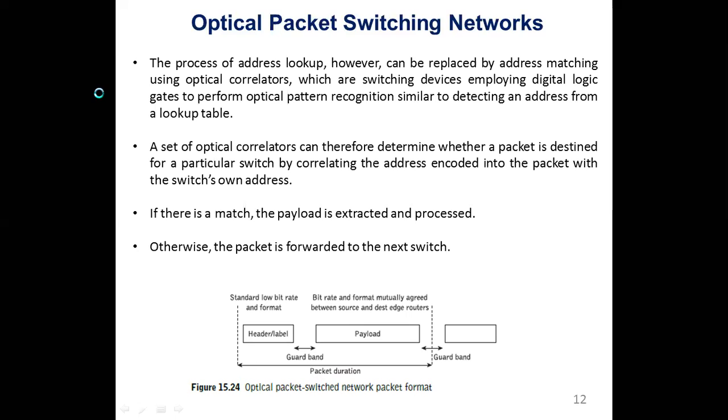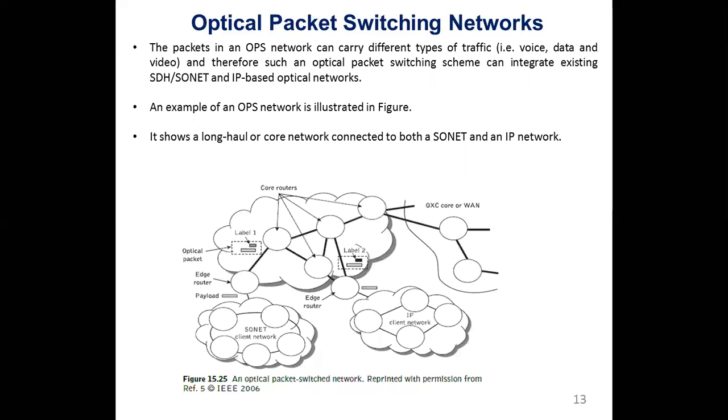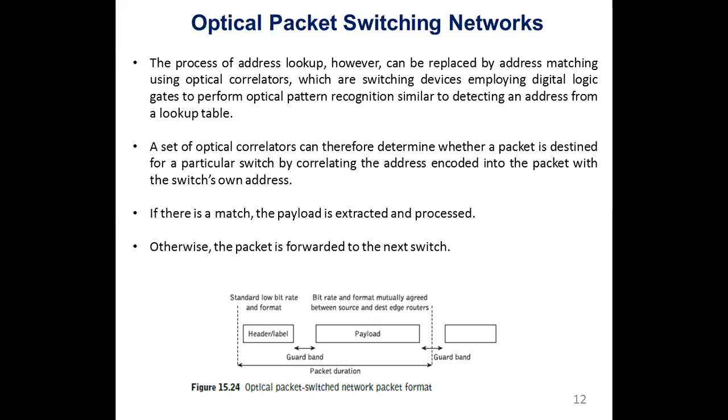So let's say lambda 1, 2, and 3 are being used, and lambda 4 is the first one which is available. Then we go ahead and use that one. That is the whole idea of wavelength assignment.